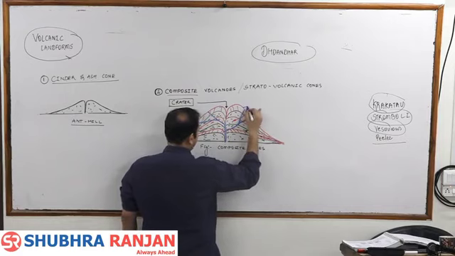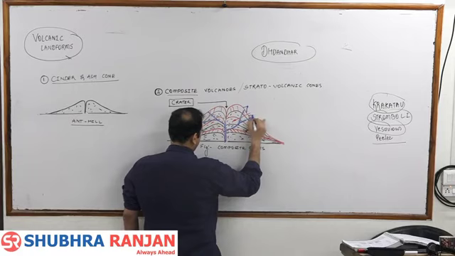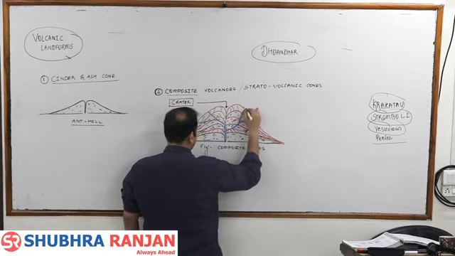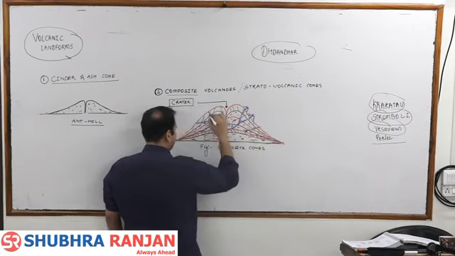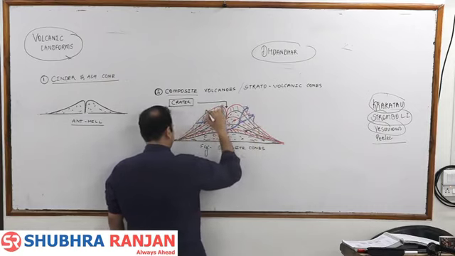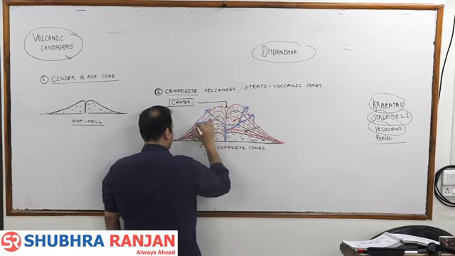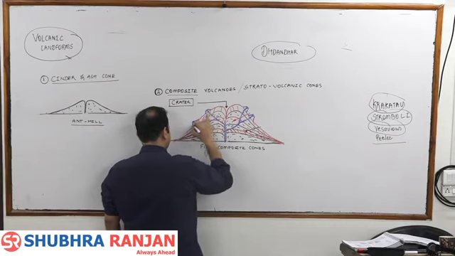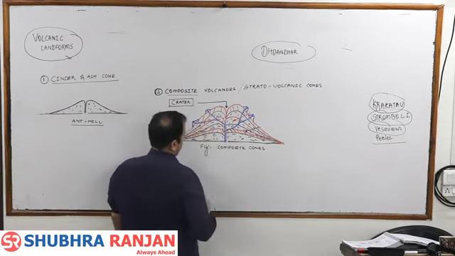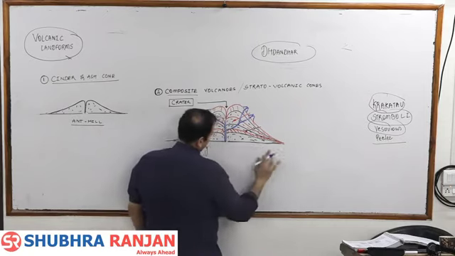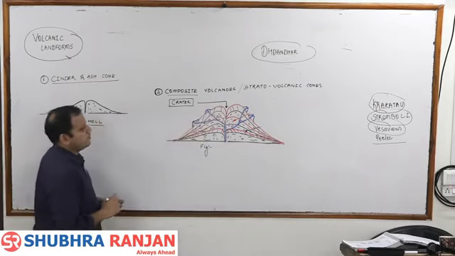and therefore secondary volcanic eruptions may occur on the sides or the slopes of major composite cones.